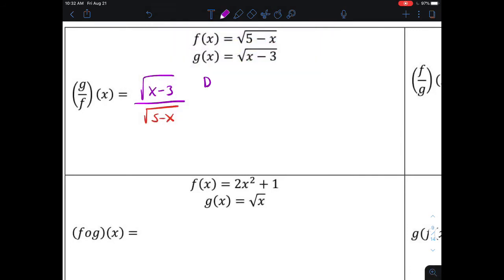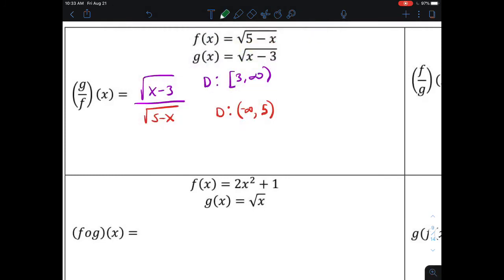So the domain of the purple equation, the square root of x minus 3, goes from 3 to infinity. It keeps what's underneath the radical 0 or larger. The domain for the denominator goes from, the biggest number you could put in would be 5, but I could not include 5 because that would make me have division by 0, and I could have as small of a number as I wanted.